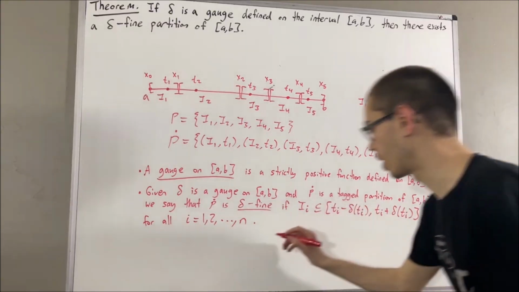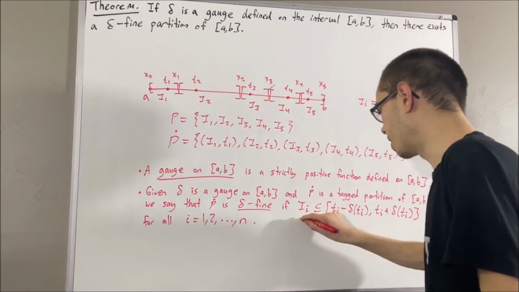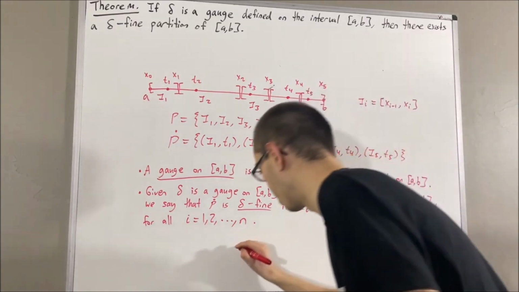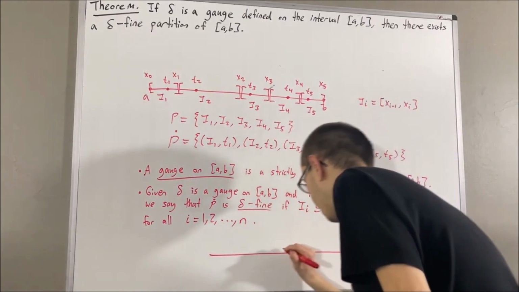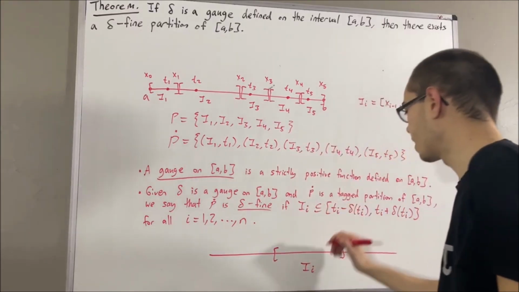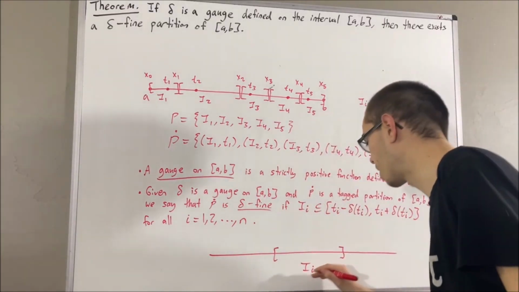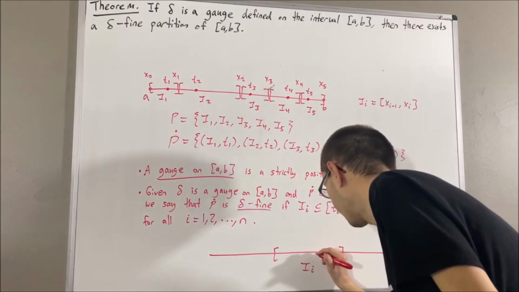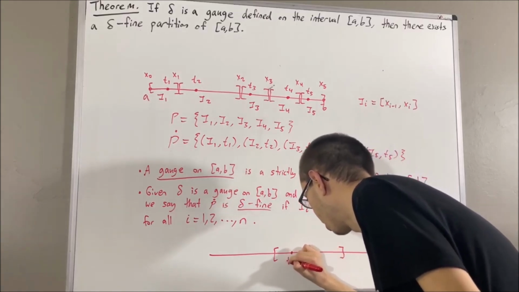So the way you can visualize this is if we consider the subinterval Ii of our partition, we'll say it looks something like this. And ti is the tag of the subinterval Ii. We'll say that the tag is right here.